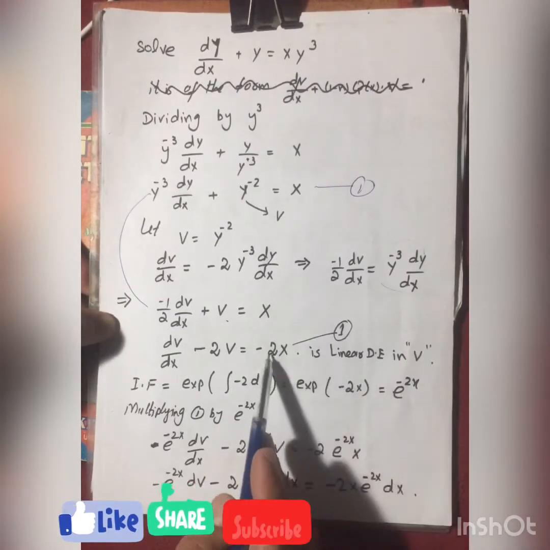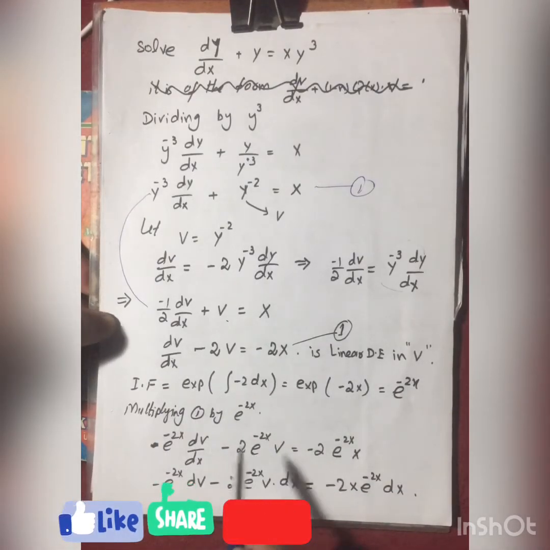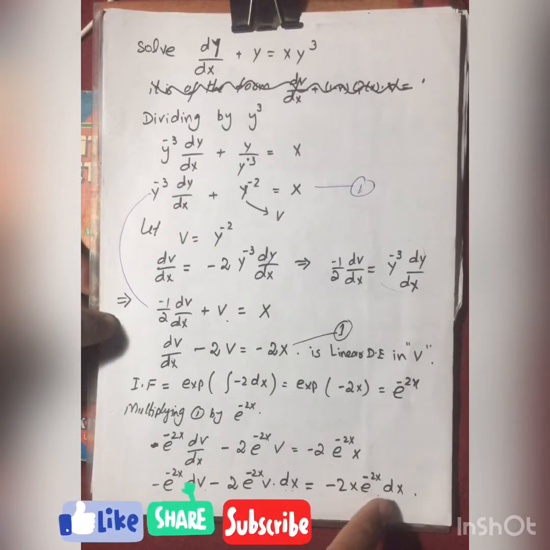Multiplying the given equation by the integrating factor, you will get this. After simplification, you will combine the terms including dx.